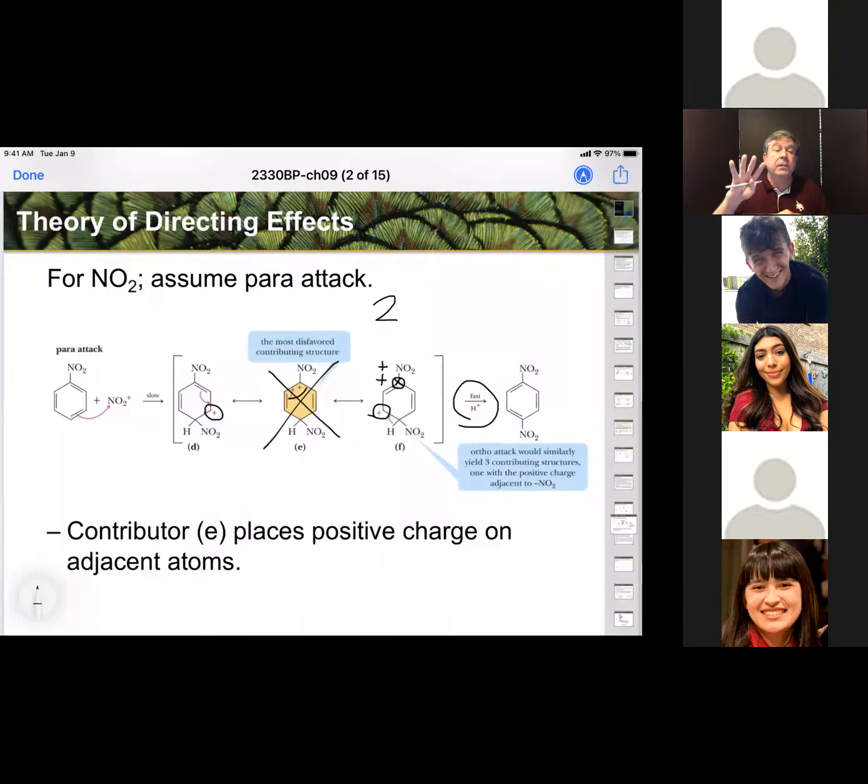So those 4 resonance structures are what's favored, and therefore it's going to be an ortho-para director. When we have a meta director, when it attacks meta, we have 3 resonance contributing structures. When it attacks ortho or para, we only have 2, making it the disfavored product. This is why we have ortho and para direction based on whether it's an activator or a deactivator, or one of those like halogens, which has that lone pair to contribute. Okay, questions on ortho-para direction?